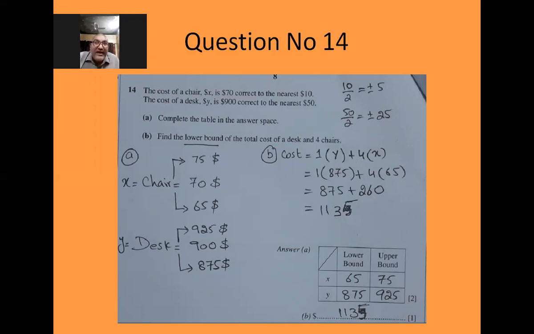So you will have 875 plus 260, and that will be 1135. So the answer is $1135.